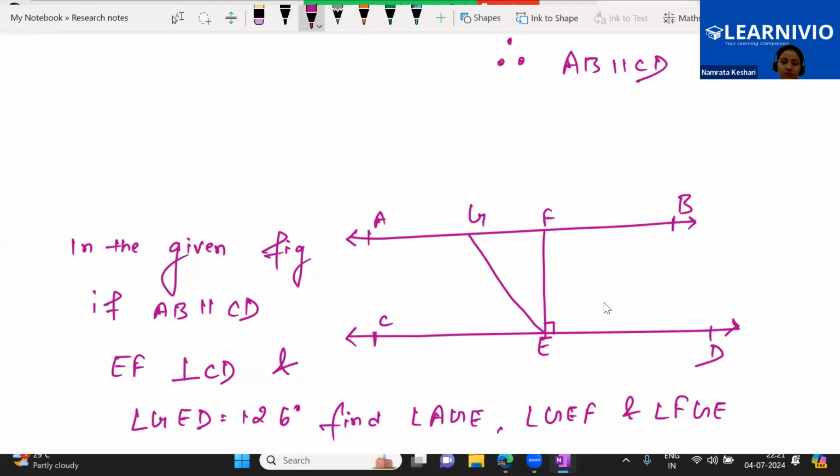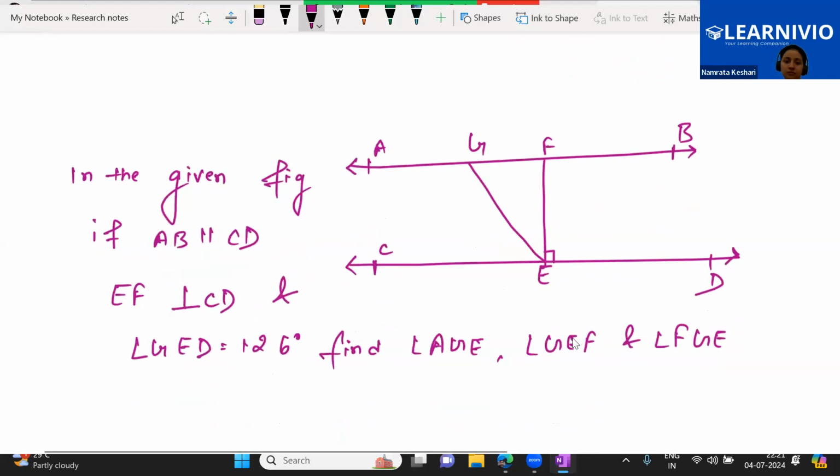Is angle GEF 36 degrees? GEF. Okay, Sarah, you are getting this as 36 degrees.